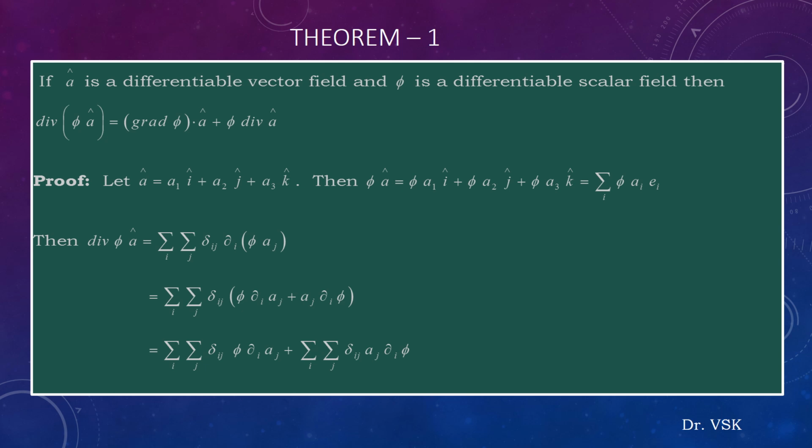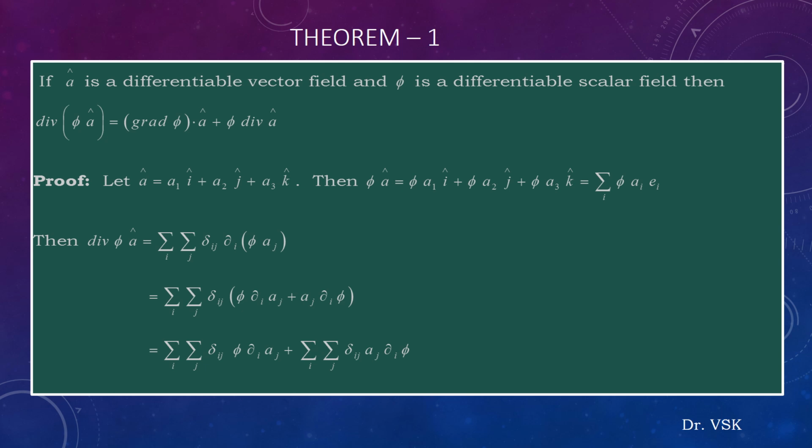Now let us compute div of phi a cap. For this vector field phi a cap, what are the component functions? The component functions of the vector field phi a cap are phi a1, phi a2 and phi a3.